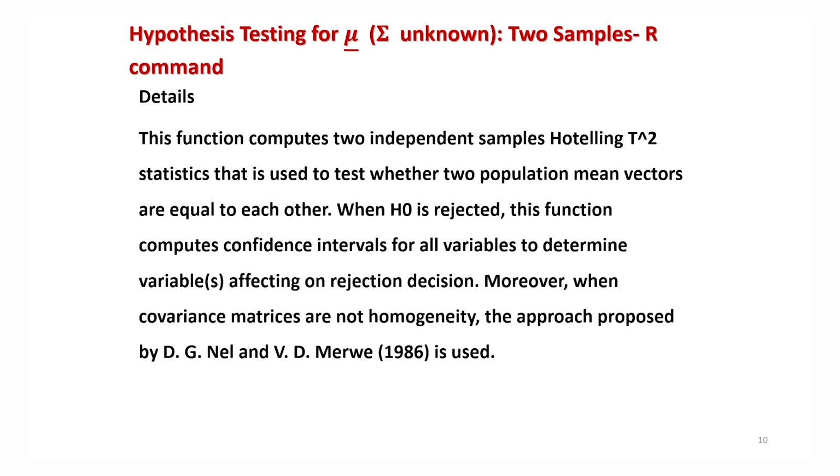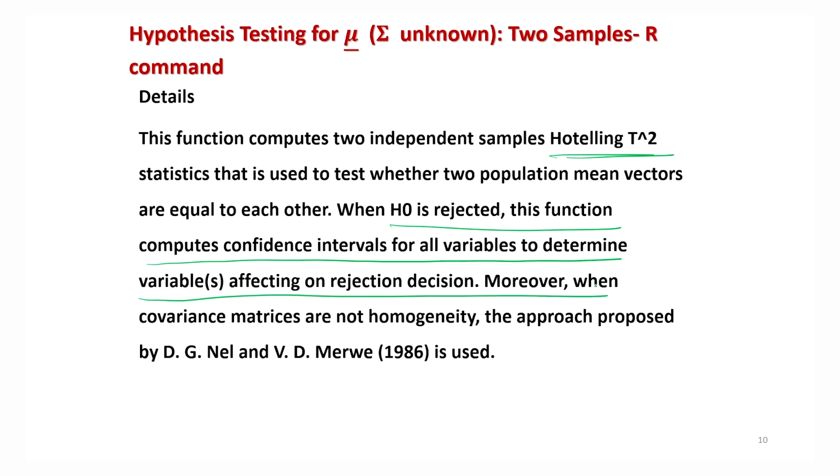Right. So now this function is going to compute the Hotelling T-square statistic for the equality of two mean vectors, and when H0 is rejected, this command will compute the confidence intervals for all the variables to determine which variables affect the decision of rejecting the null hypothesis.